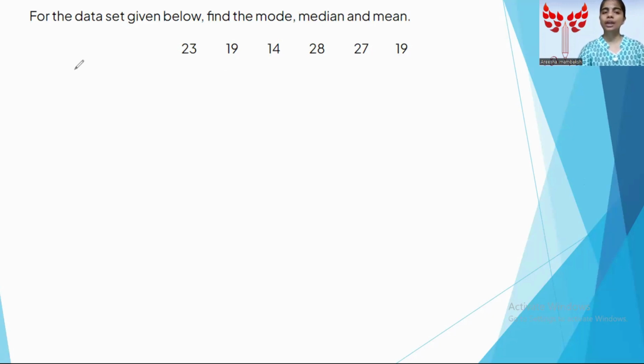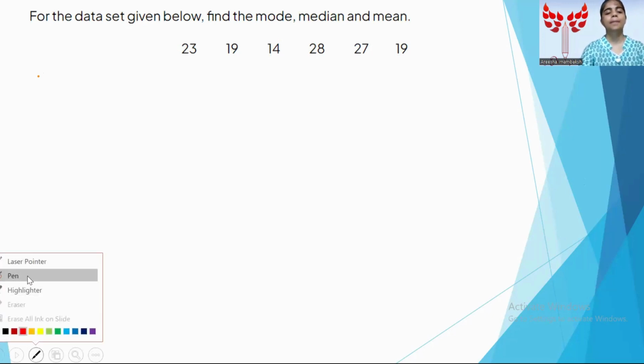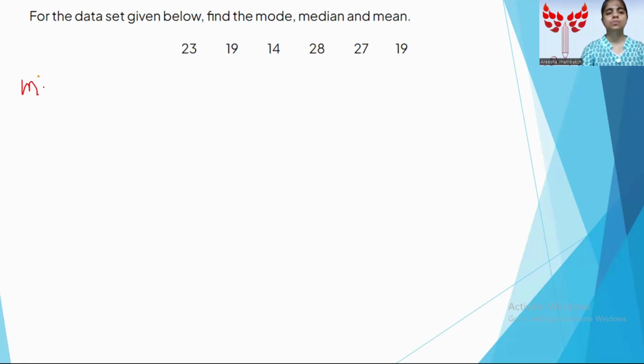Okay, in order to find the mean, what do we need to do? Mean: we need to find the sum of all the values divided by the number of values. There are 6 values.